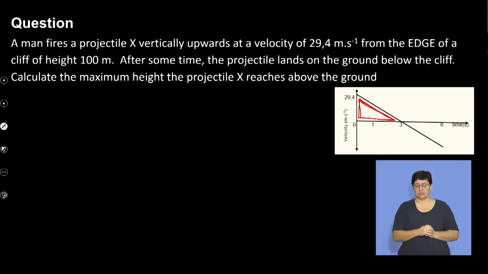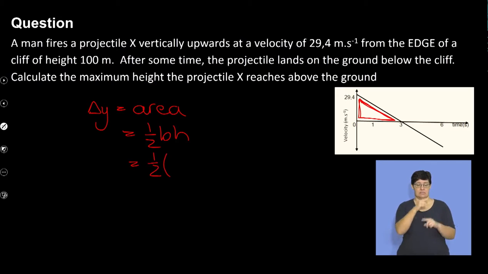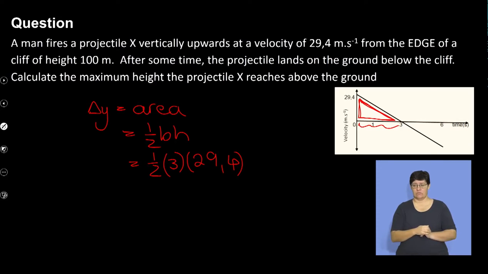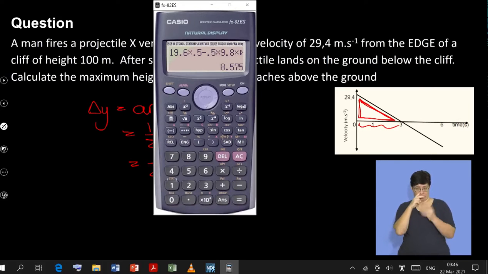Okay? So we want delta y, which is the area under the graph, which is a half, times base times height. So it's a half. My base is 3. My height is 29,4. I most certainly cannot do this in my head.